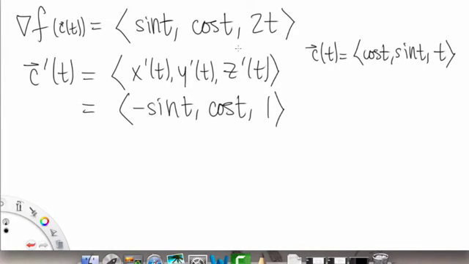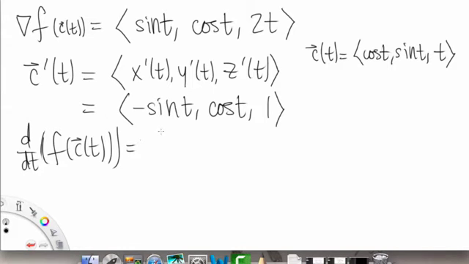Okay, so now all we have to do is, d/dt of f of c of t. That is going to be equal to our gradient of f of c of t, so that's this first thing up here, and then that'll be dotted with c prime of t.